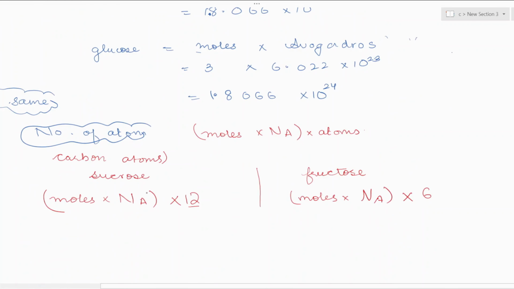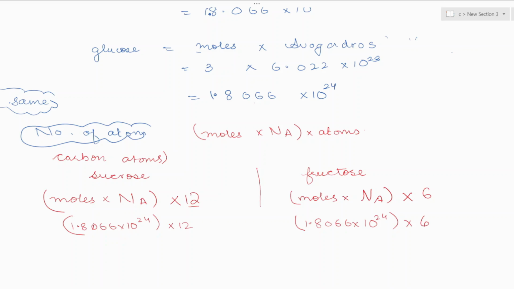We have already calculated this: 1.8066 into 10 to the power 24 multiplied by 12. Here the same, 1.8066 into 10 to the power 24 multiplied by 6. Now you have to multiply and then tell the answer.